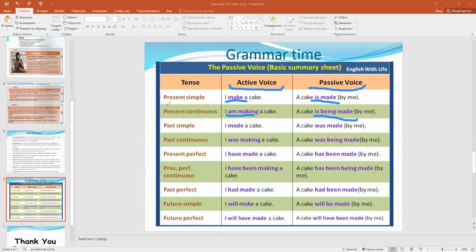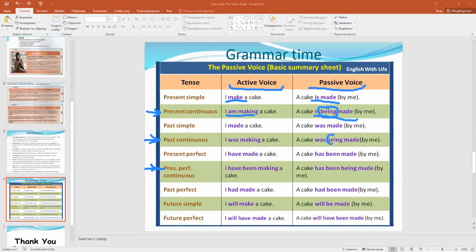So, for example, let's continue with the present continuous. Overall, let's consider the continuous tenses. If you notice them, the main difference between the non-continuous and continuous tenses is this one: you have to use being always.